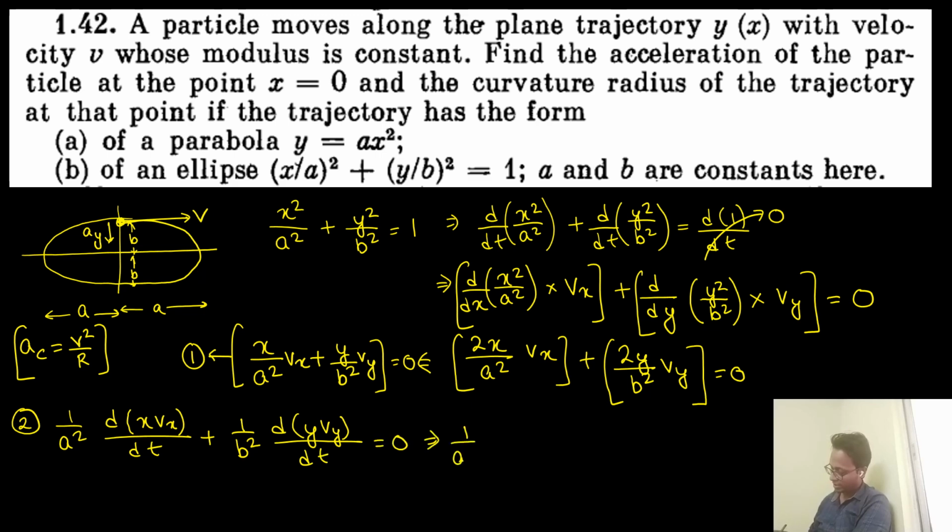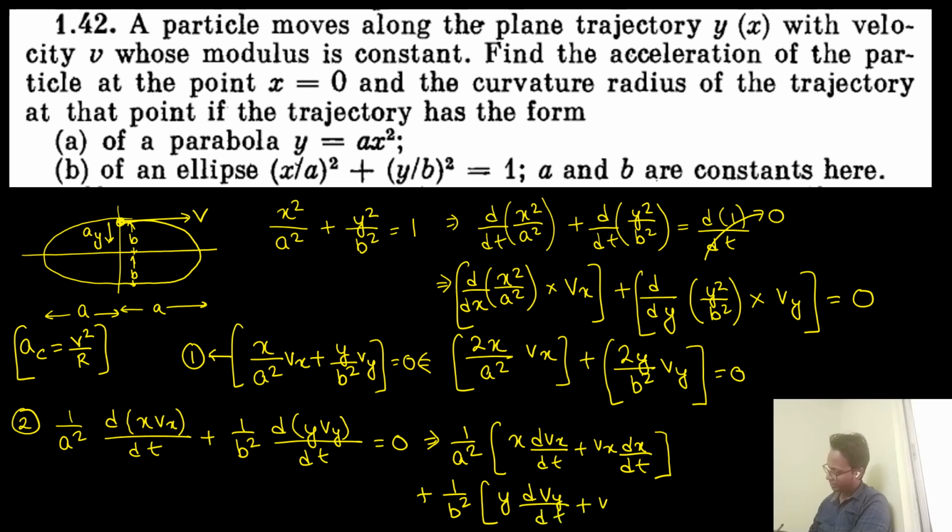Or 1 by a square can be written as x dvx by dt plus vx into dx by dt, plus 1 by b square into y dvy by dt plus vy into dy by dt.